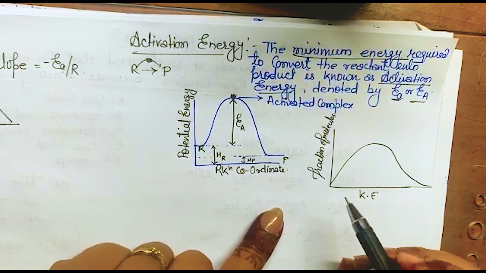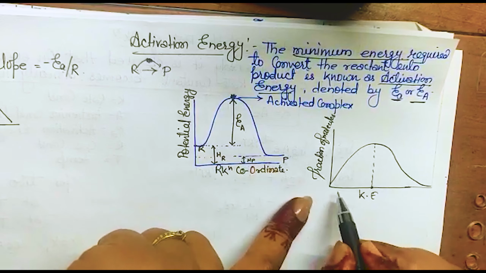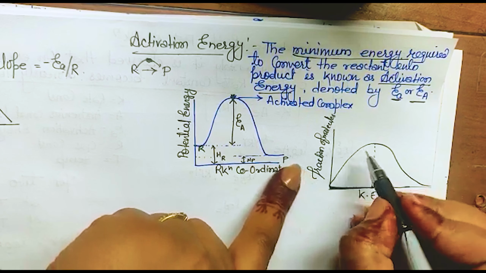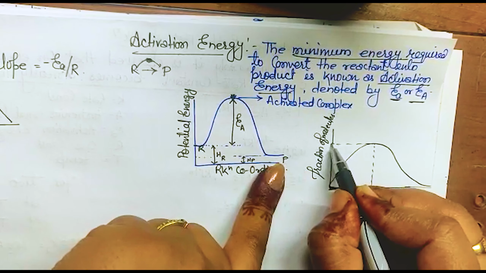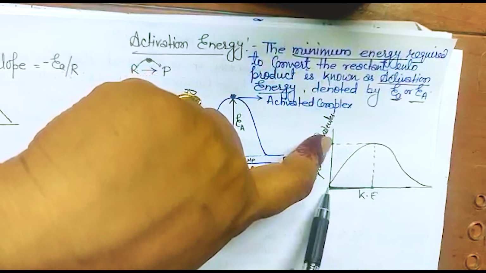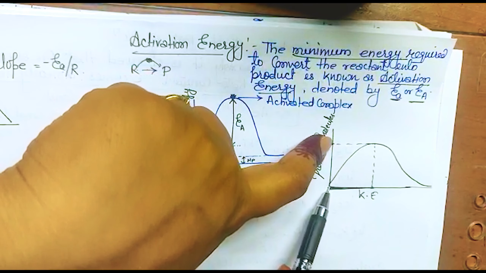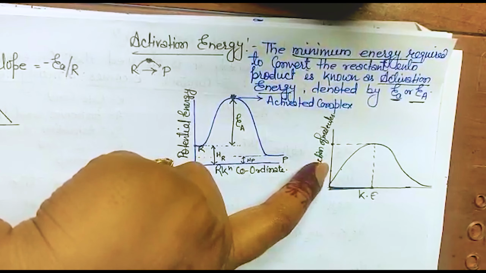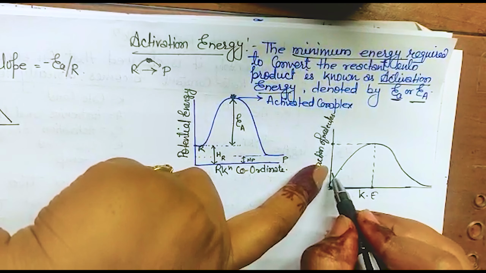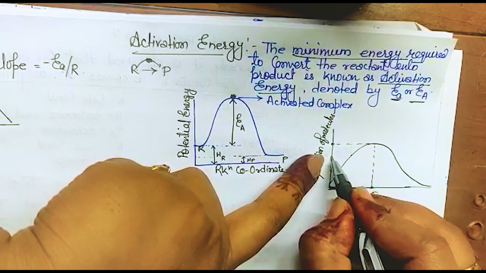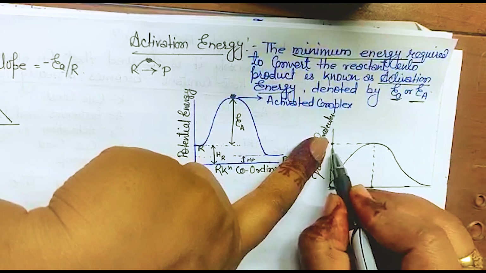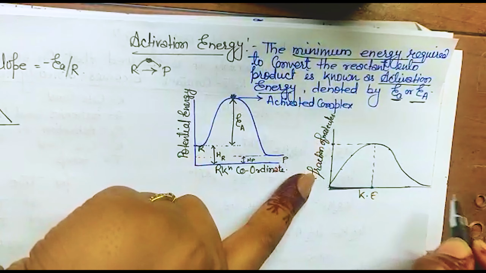At this point, this is the kinetic energy where there are maximum molecules. If we check here, only this many molecules will be there. If we check at this point, again it will be lesser, it will go down, isn't it?